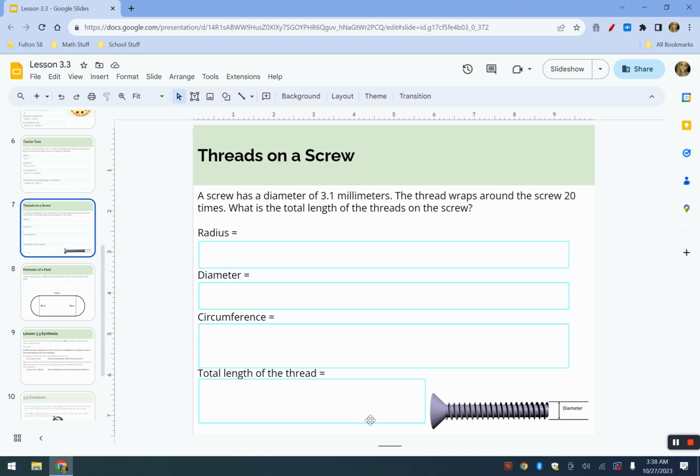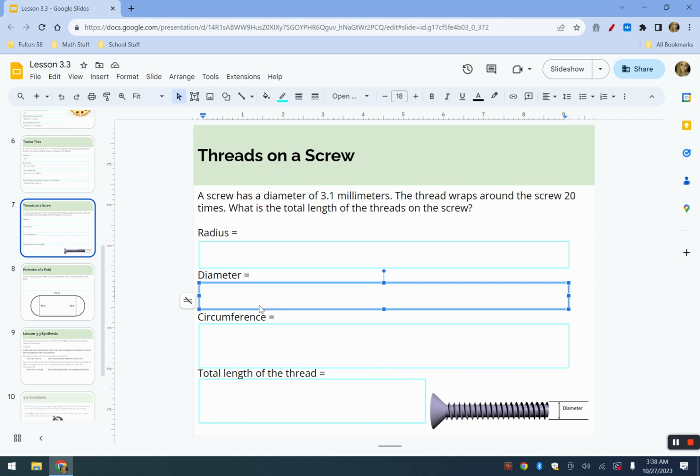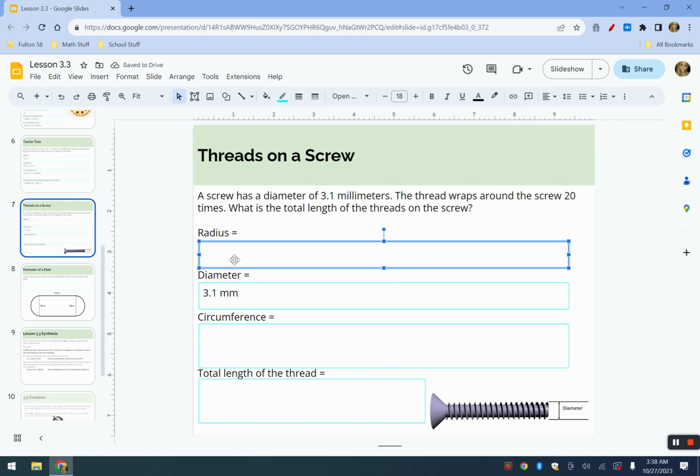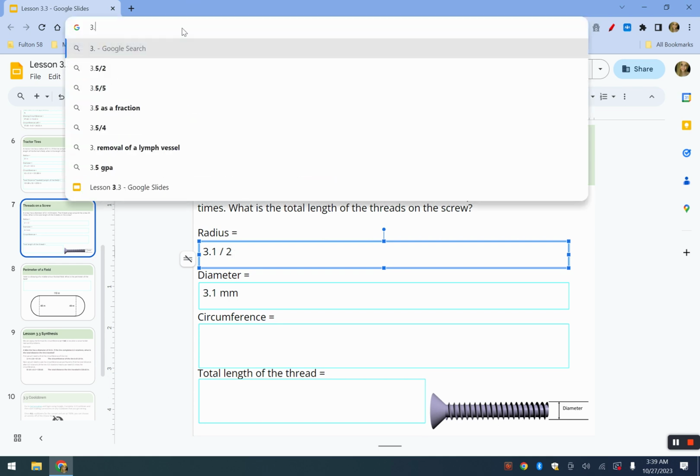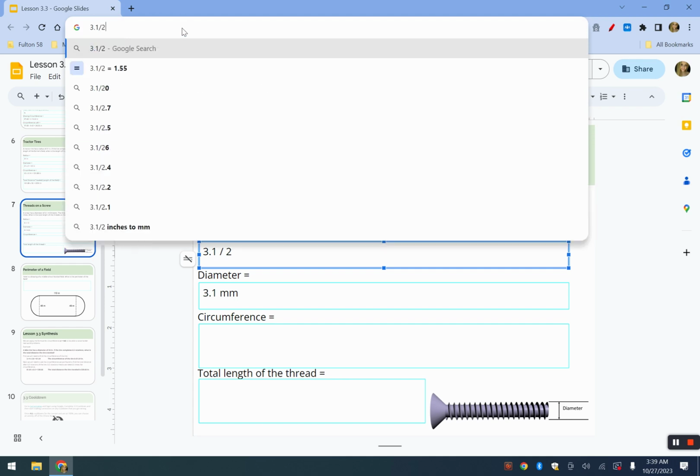Okay, so it tells us that the diameter is 3.1 millimeters, mm. The radius is going to be half of that length, so we do 3.1 divided by 2, and that's going to be 1.55.